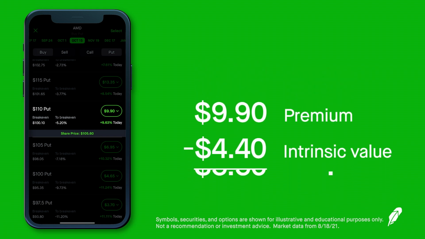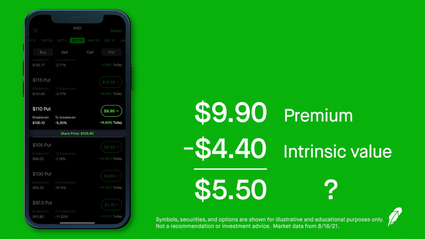So $4.50 roughly of that $9.90 is the intrinsic value of the premium, right? Because that is the in the money amount of that contract. So what is that other $5 associated with that premium? Well, that's the time value, or the extrinsic value, of that premium.